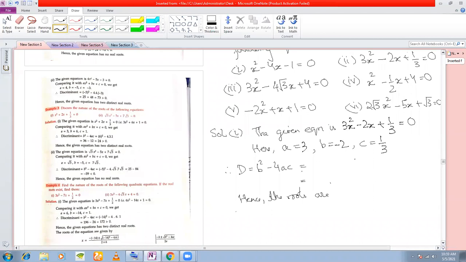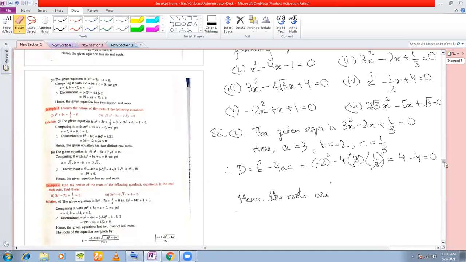So now we'll put it in the discriminant and check the sign of the discriminant. b square minus 4 into a into c, which is equal to, see this 3 will cancel. You will ultimately get 4 minus 4, which is equal to 0. So what you see here is that the discriminant is vanishing.